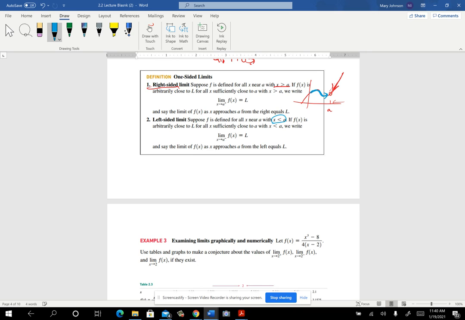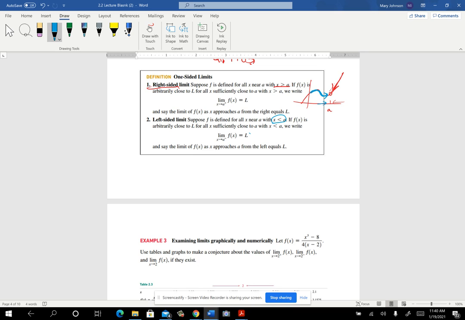Your x's are to the left of a. Okay. And so if f of x gets arbitrarily close to L for x's that are getting close to a from the left side, then L is the limit of this function as x approaches a from the left.